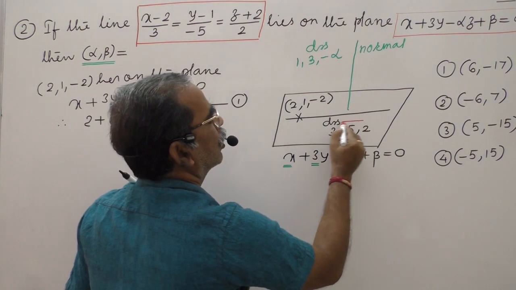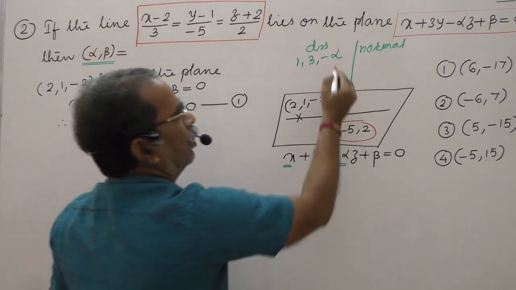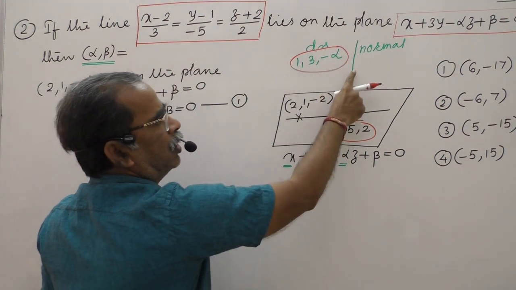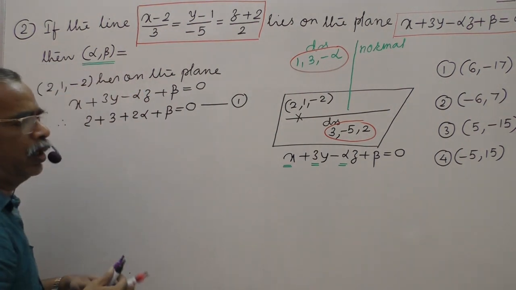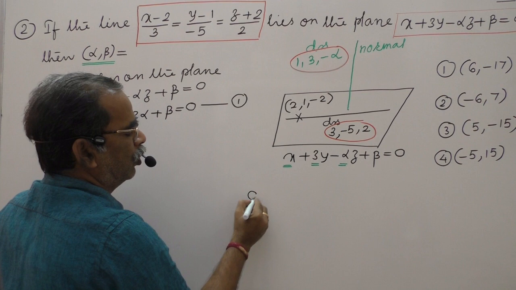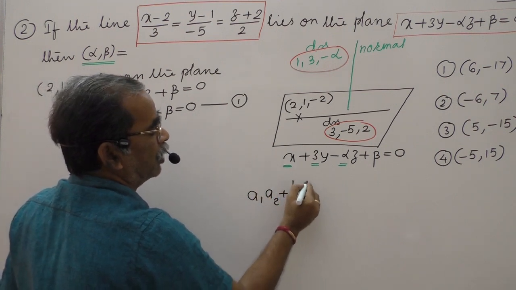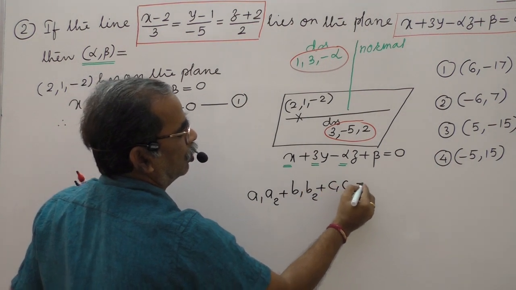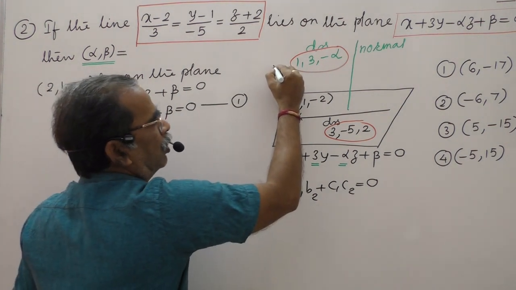Next, these numbers are the drs of the given line which is on the plane, and these are the normal's drs. The normal is perpendicular to the plane, which means it is also perpendicular to the line. If two lines are perpendicular, they satisfy the condition A1 A2 plus B1 B2 plus C1 C2 equal to 0.